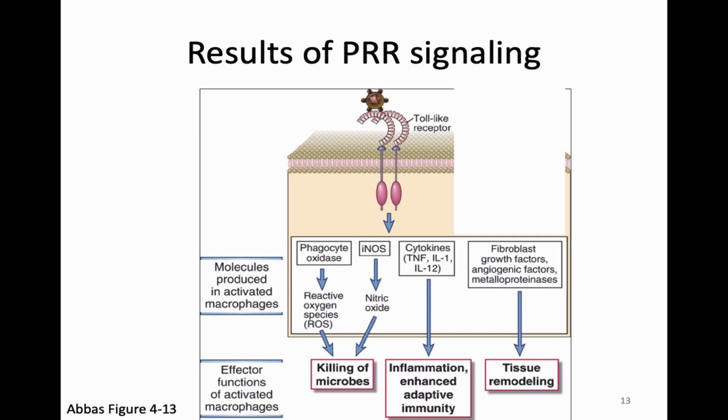We will also see inflammation, the rest of the process that we've been talking about, occur as a result of our inflammatory cytokines. This will also help the adaptive immune response, as we will talk about later in the semester. And finally, there will be some other types of tissue remodeling happening.